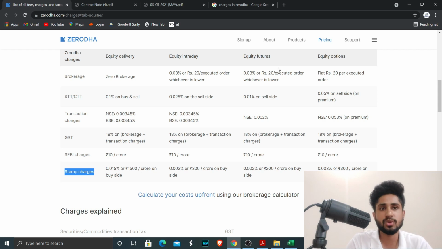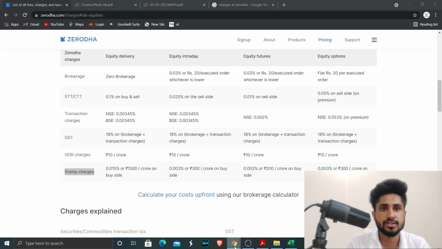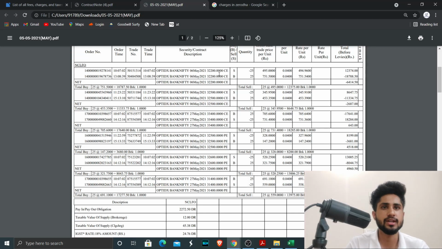For options, since we are trading options, when we buy or sell there will be turnover. They calculate this turnover as the premium multiplied by the number of lots or quantity. If I was taking a Bank Nifty short straddle, say Bank Nifty 300 CE, sold at 494 rupees and covered at 751 rupees, the total turnover was around 18,787 plus 12,375.